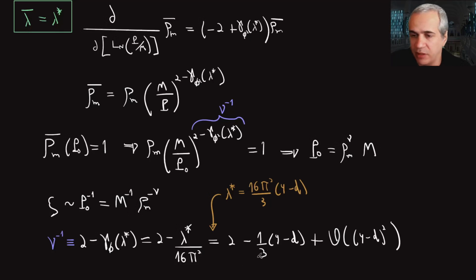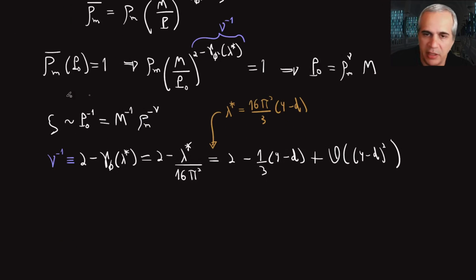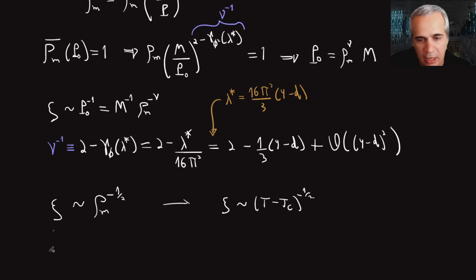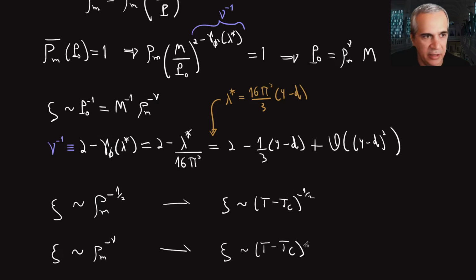Now let's compare this with what we had before. Our conclusion here is that when we are at the Gaussian fixed point, psi scales as this coupling to the minus half, which in terms of the Landau theory means that psi scales as T minus Tc to the minus half. But now near this other fixed point, we are getting a different behavior. This is scaling as rho m to the minus nu, which should translate to a solid condensed matter system as psi scaling as T minus Tc to the minus nu.